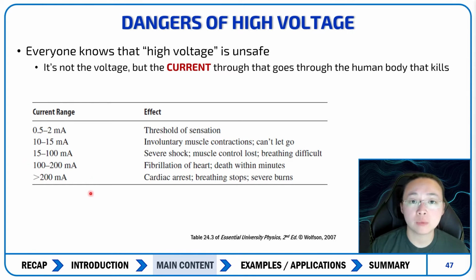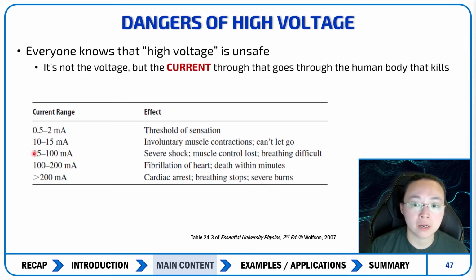From 15 to 100 milliamps, you do get a severe shock. Muscle control is lost, and you have difficulties in breathing because, once again, your body is a conductor, and therefore the current is going to go through your whole body. From 100 to 200 milliamps, you're going to get a fibrillation of the heart, and therefore death within minutes.